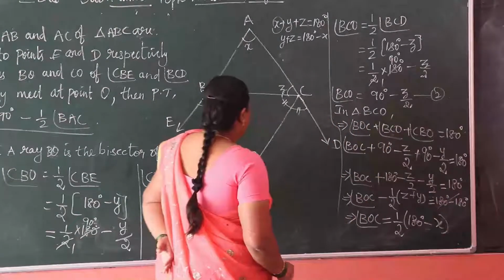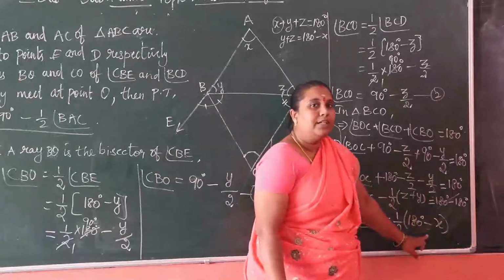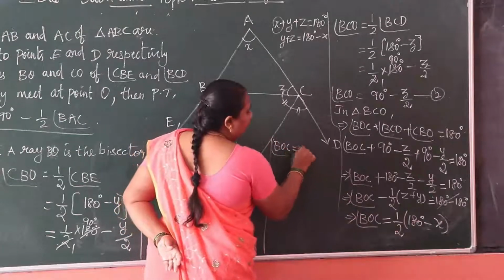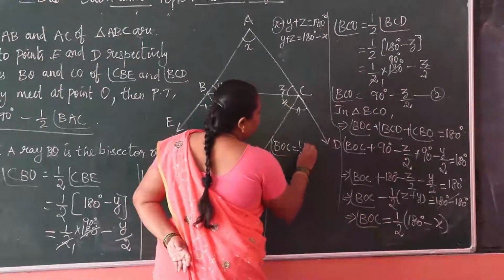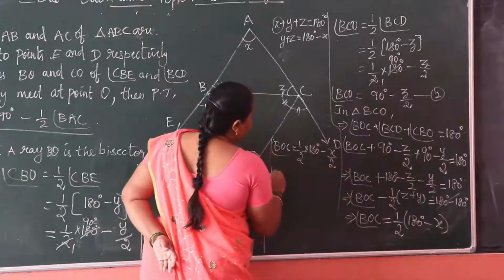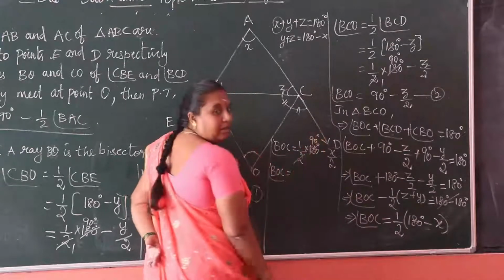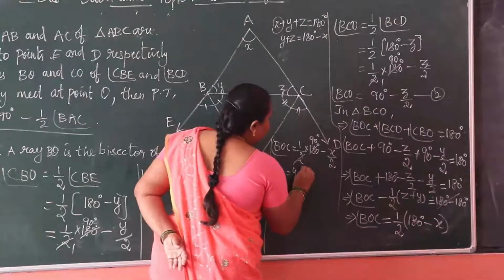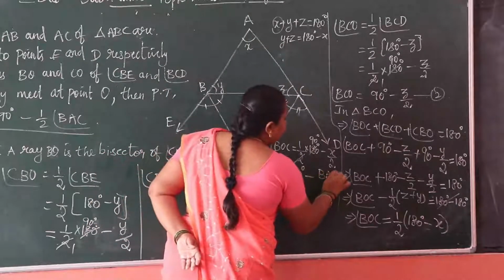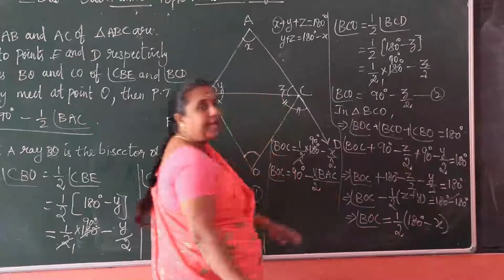So angle BOC equals 180 degrees minus x by 2, and 2 nines are 18. So angle BOC equals 90 degrees minus x by 2, that is, half into angle BAC.